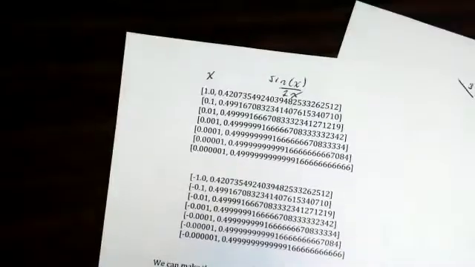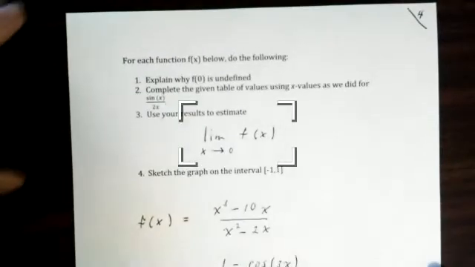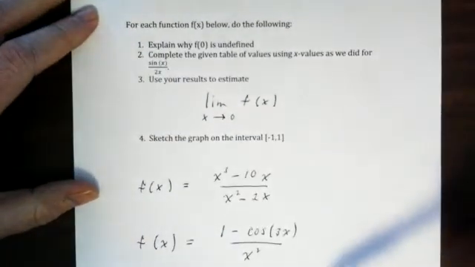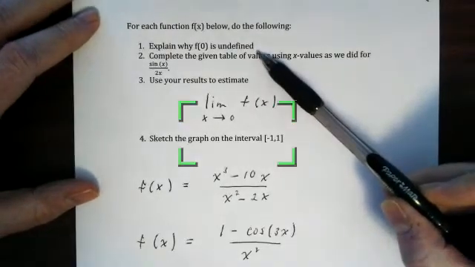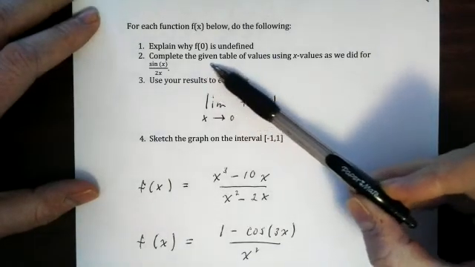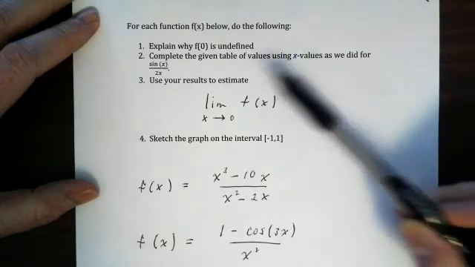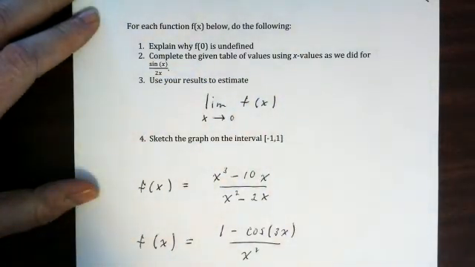So in addition to knowing that very important definition, the definition of the limit, in preparation for class, what I would like for you to do is the following. I've given you some functions below. There are actually going to be 3 functions, and for each of them, I want you to explain why f of 0 is undefined. I want you to complete a table of values using x values closer and closer to 0, just like I did for sine of x divided by 2x.